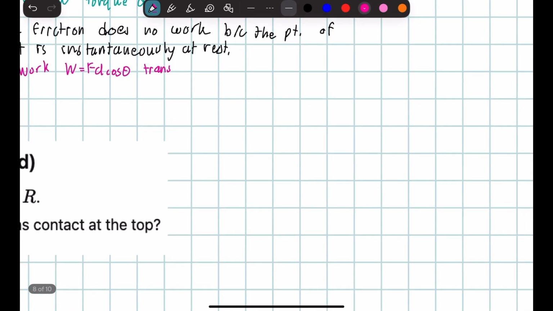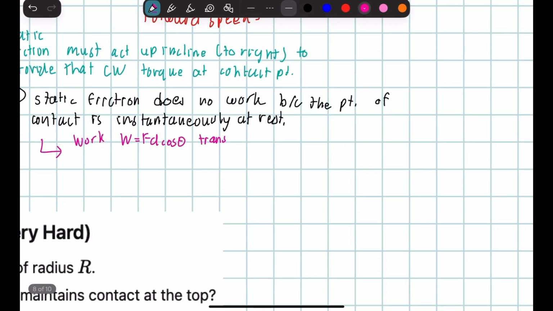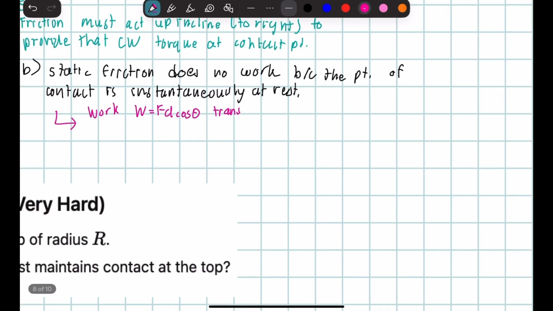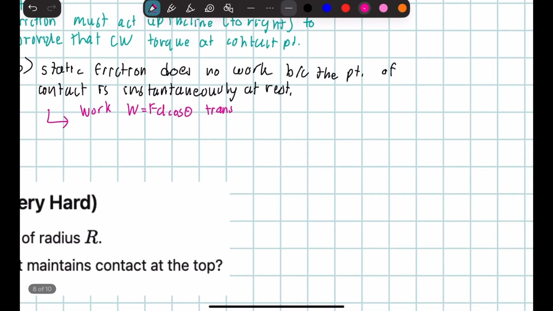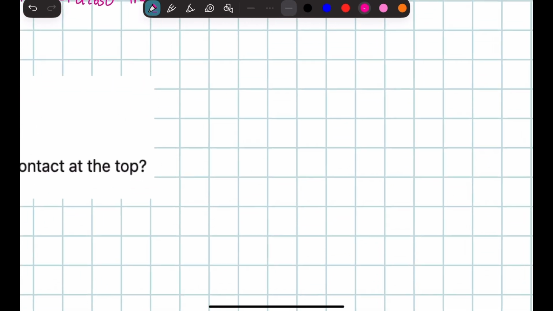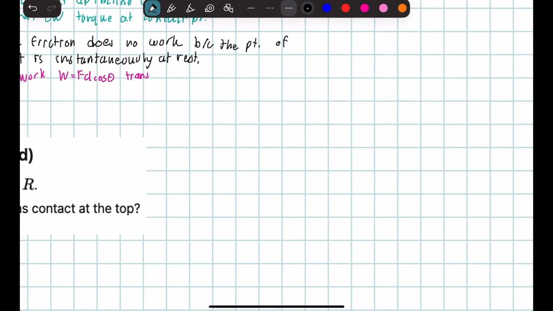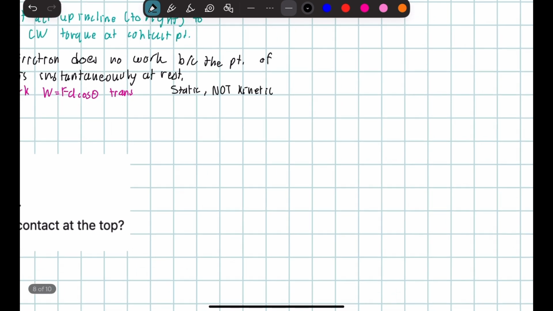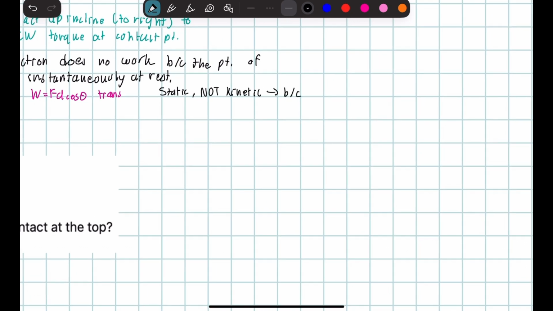Now let's think about the no slip condition. When a wheel rolls without slipping, the point of the wheel currently in contact with the incline is instantaneously at rest. And what does this mean? This is kind of a confusing thing, right? Well, it's not, once I explain it. So it's static, not kinetic. That means that because there's no sliding, it's rolling, we have static friction.